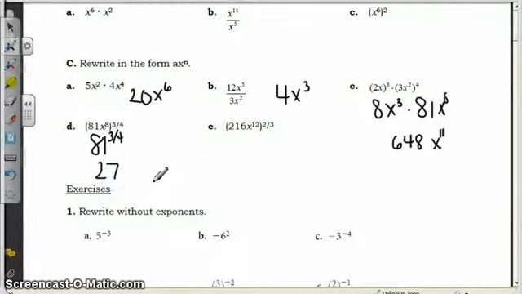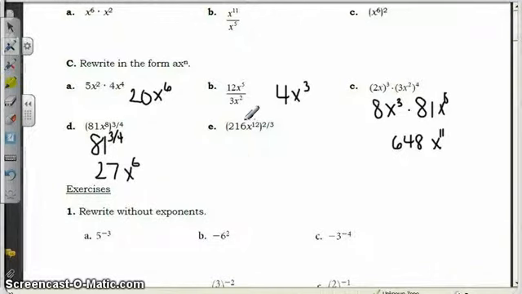If you're working with a calculator that has powers but doesn't have parentheses, then you're going to need to turn your fraction into a decimal and do like 81 to the power of 0.75, and it would give you the same answer. So then for the exponents, again, we're going to multiply them together. 8 times 3/4 is 6, so this will be 27, x to the 6.